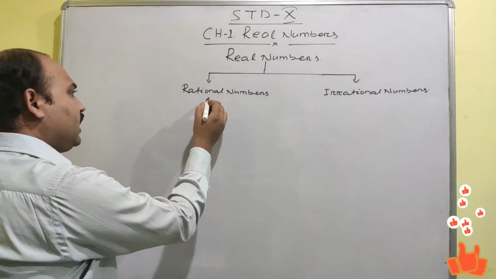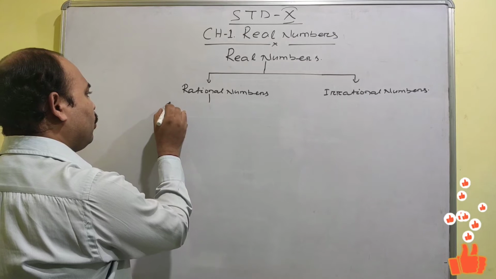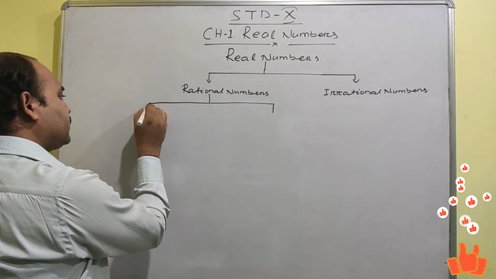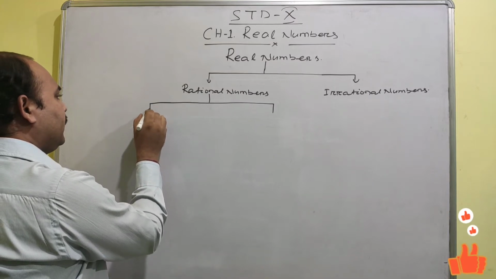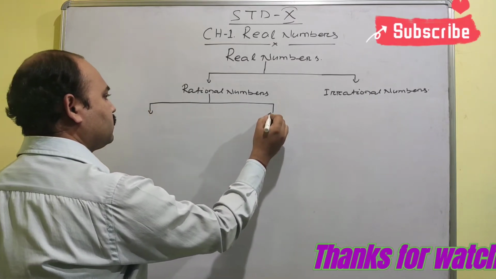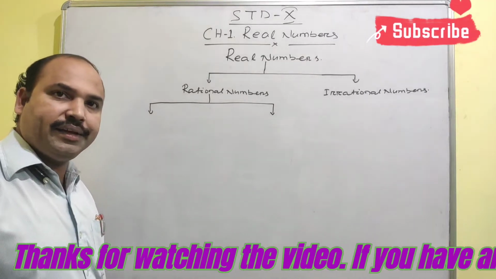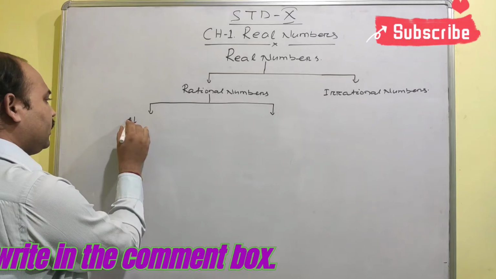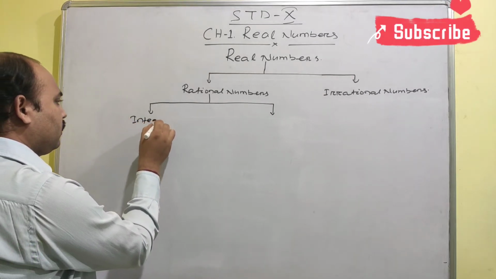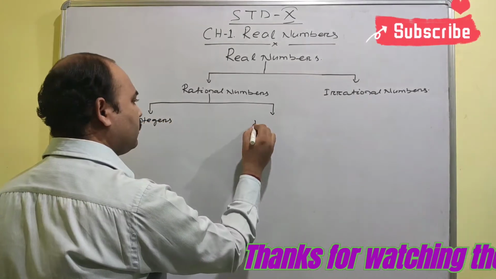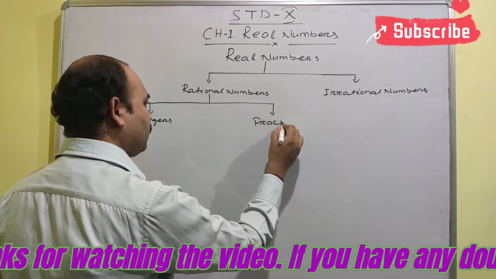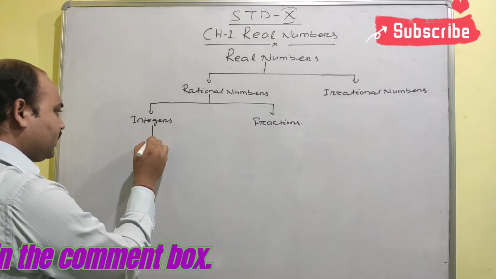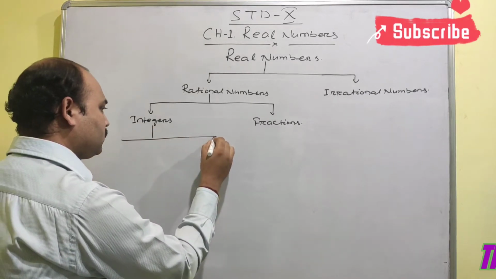Again, the rational numbers are divided into two parts. What are these? Your integers and fractions. Okay?